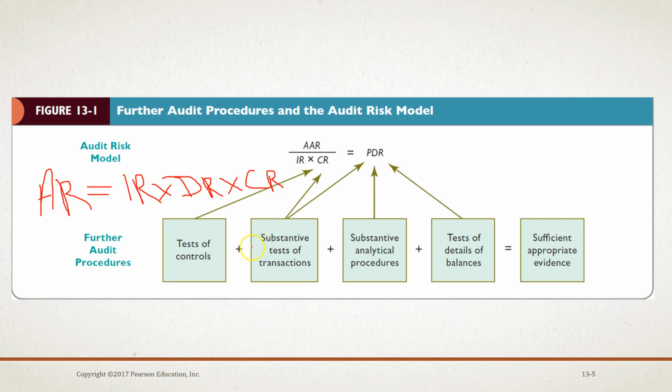That's the audit risk model that we pretty much go from, which will tell us, based on our assessment of inherent risk and control risk, how much testing we need to do and the type of testing we need to do.